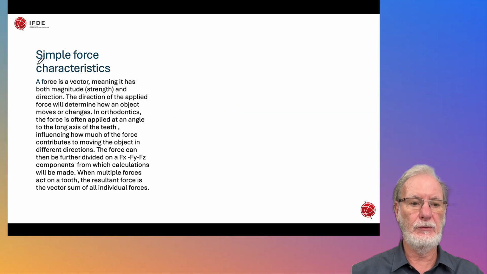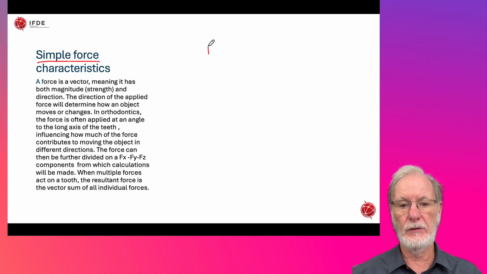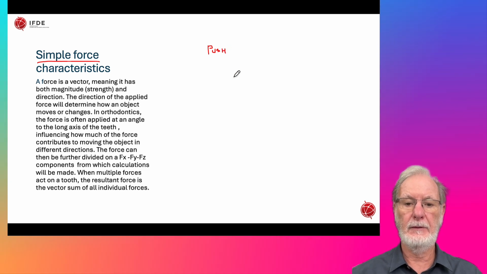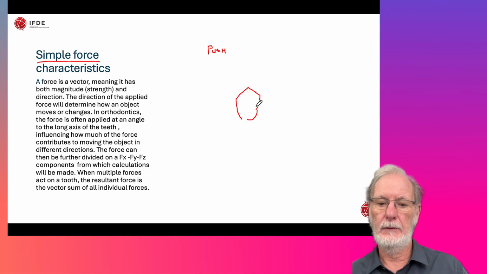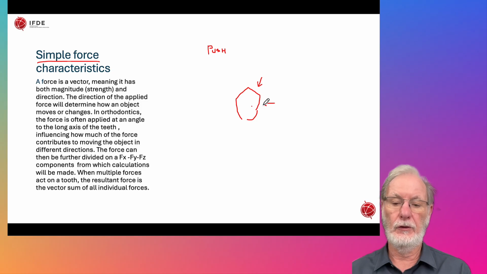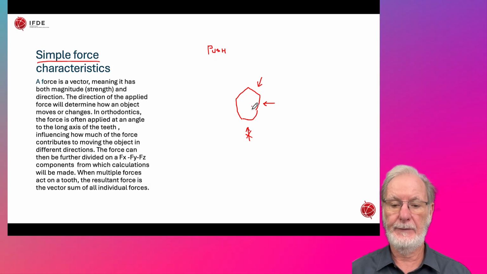In orthodontics, we use simple forces a lot. In aligner movements, those forces only translate to a push, meaning that when you have a tooth, you can push on it in all sorts of directions for intrusion, for crown movement, but you cannot really pull it up if you do not have specific attachments.